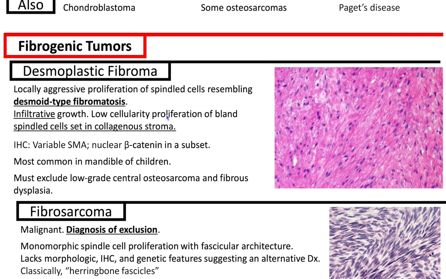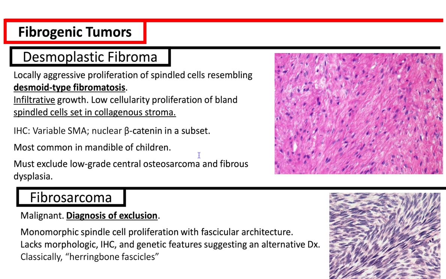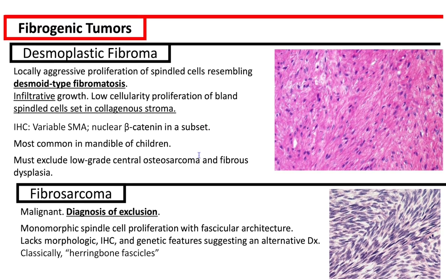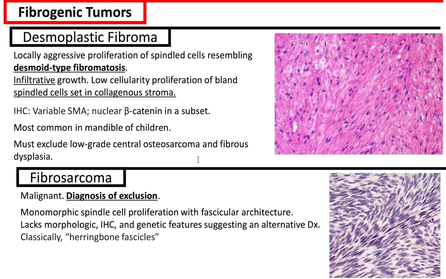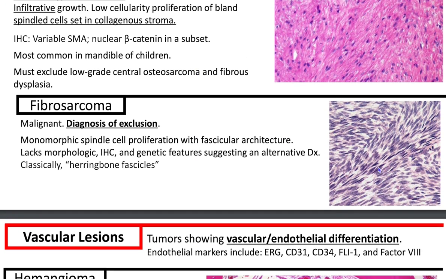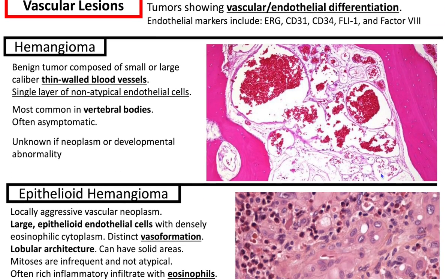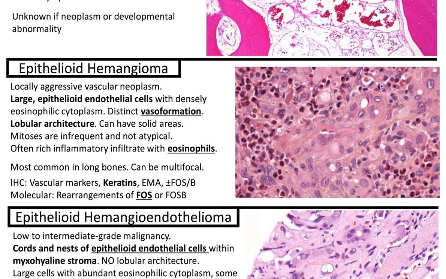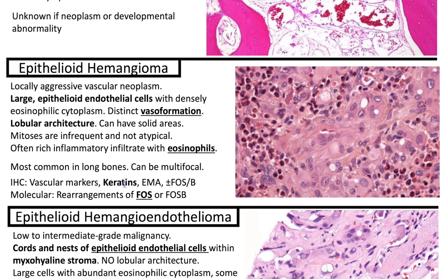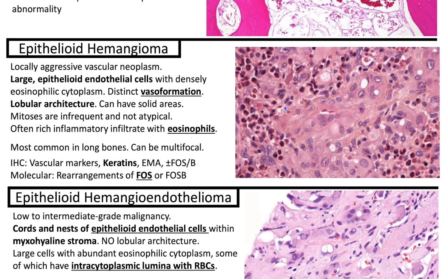Fibrogenic tumors, desmoplastic fibroma, kind of looks like your desmoid type fibromatosis, but it's in the mandible, and you must exclude low-grade central osteosarcoma and fibrous dysplasia. Fibrosarcoma, look for that herringbone. It's a diagnosis of exclusion. Vascular lesions, think about whether it's circumscribed or not. You can have your hemangioma, epithelioid hemangioma, which will stain positive with keratins and have a lot of eosinophils.